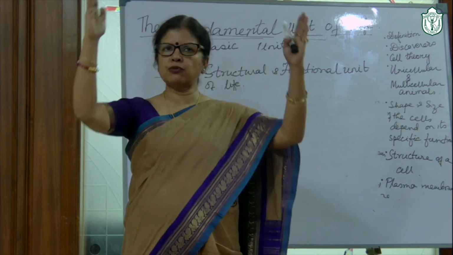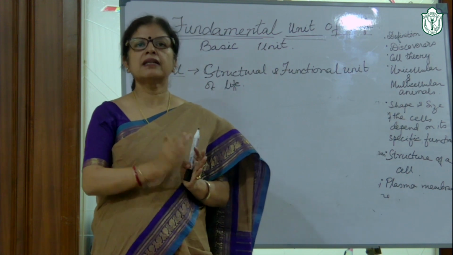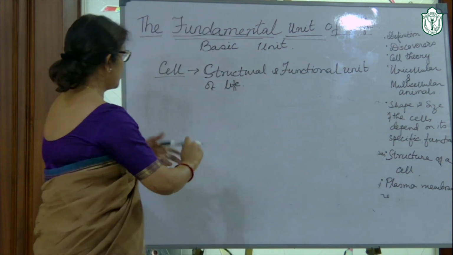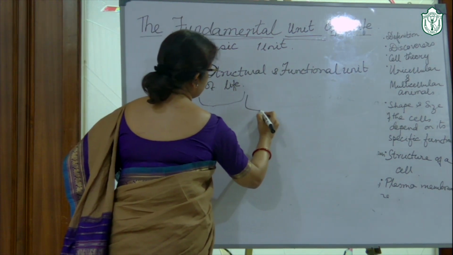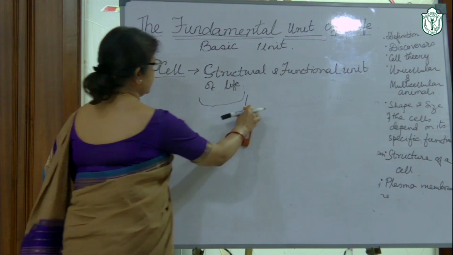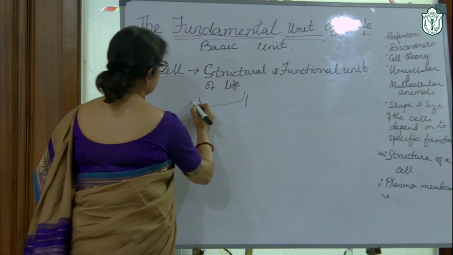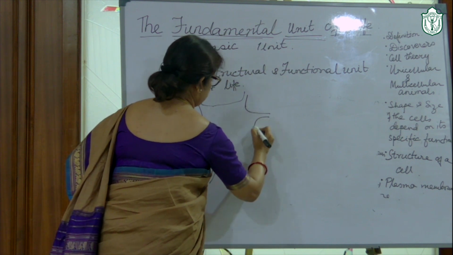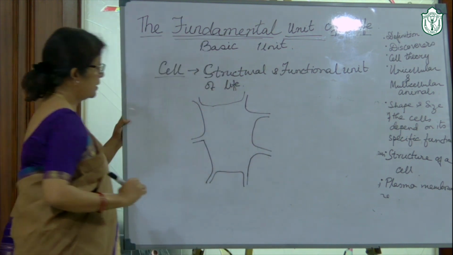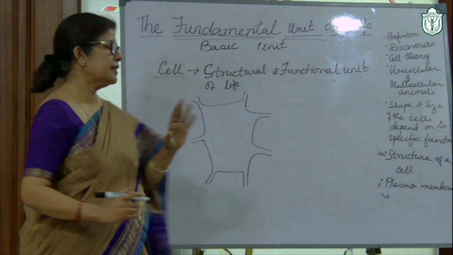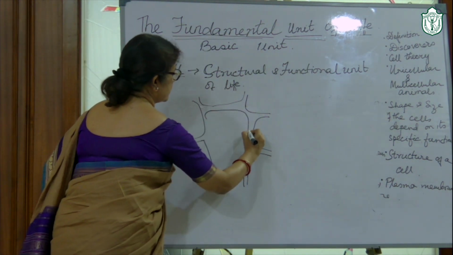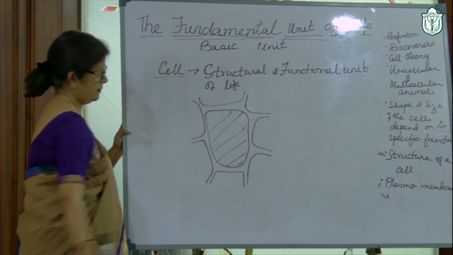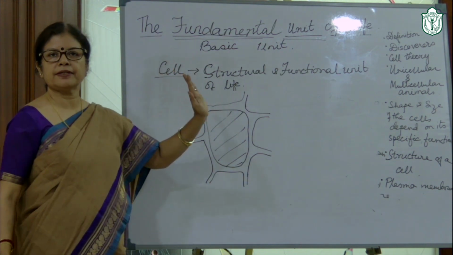One is the outer covering of the cell, and the other one is the inner content, what it is composed of inside. Here is the inner content, and these are the outer covering.